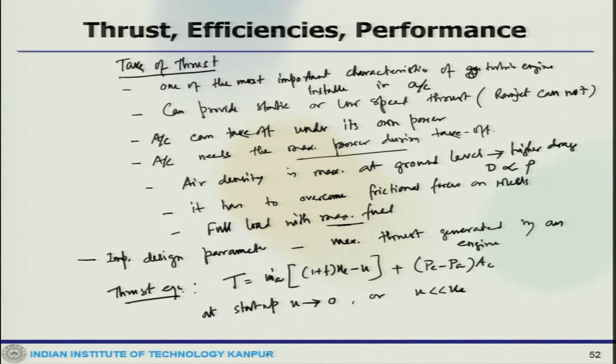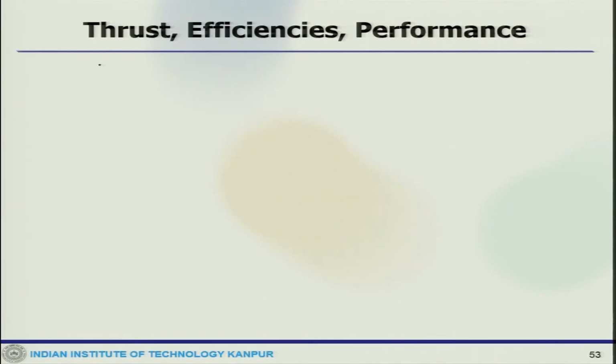So, which will lead to the pressure term being quite small, and that means P_e, what is there, that should be P_a, that means the atmospheric condition. So, with these conditions, one can write the thrust during takeoff.